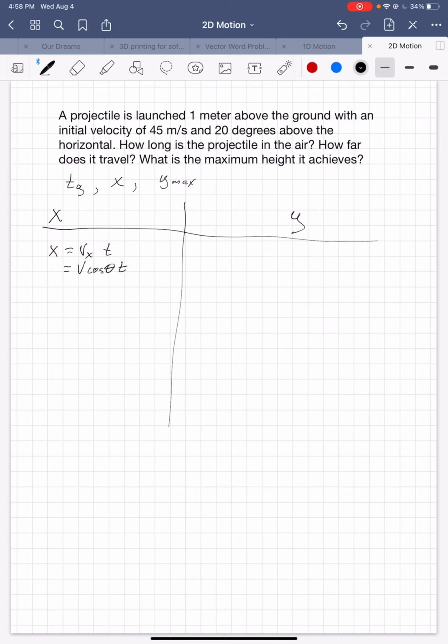So I have a variety of equations I may or may not need to use. I know that the y distance traveled is equal to the initial y plus vy t plus 1/2 g t squared. I know that the velocity at any time t in the y direction is vy plus g t.